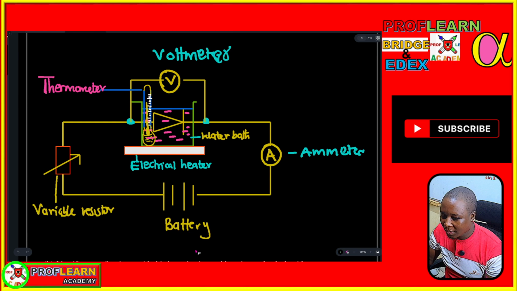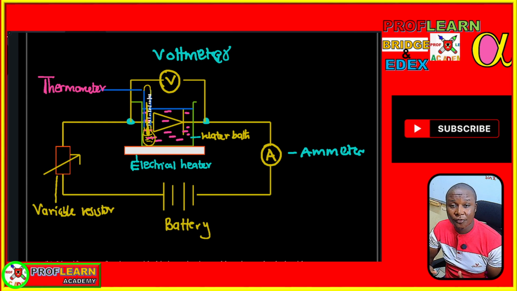This is the circuit you could come up with, and it is going to vary depending on what you are asked in a question. But you have to have an idea, because you did electricity and circuits, how to connect different components, in Unit 2, that is electricity and waves.